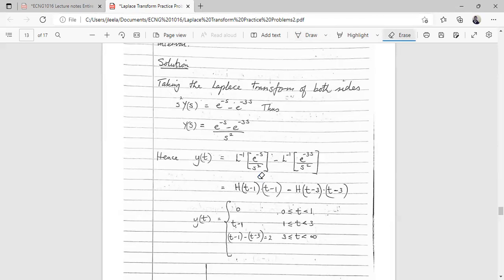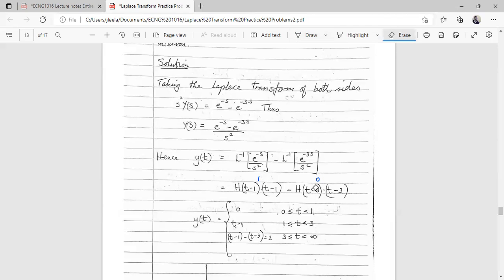Now between 1 and 3, how is the function defined? Well, h at t minus 1 will be 1, but this will be 0. So h at t minus 1 is 1, and 1 times t minus 1 is t minus 1, right? This part here will be 0.